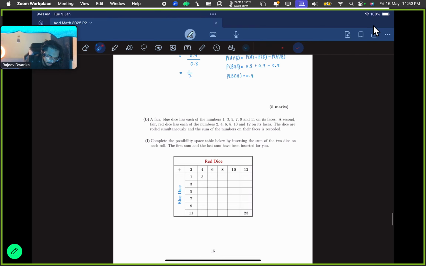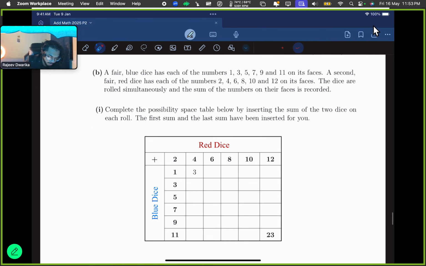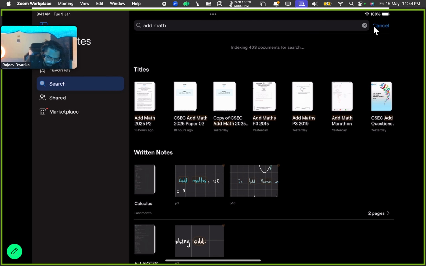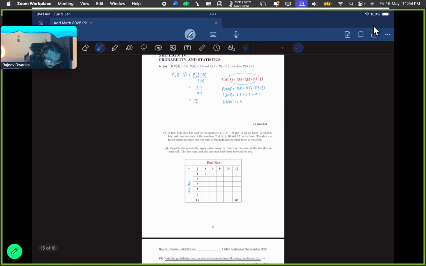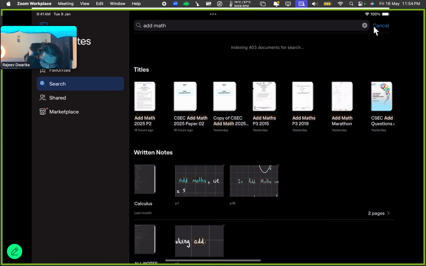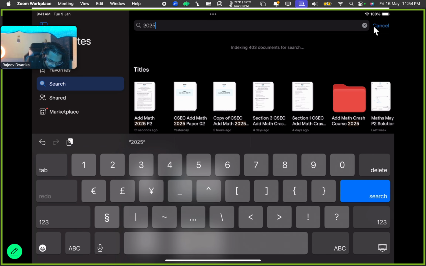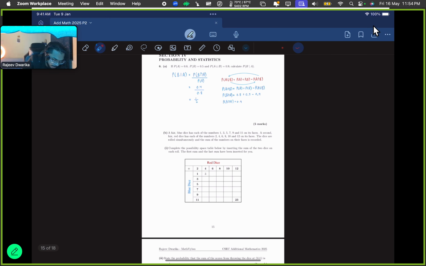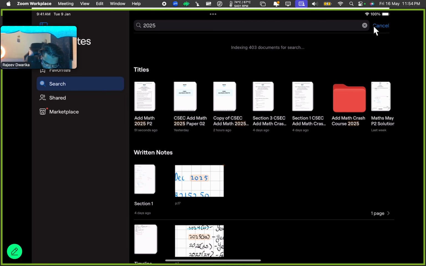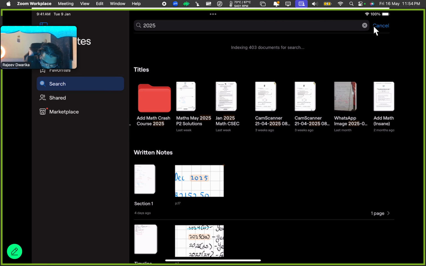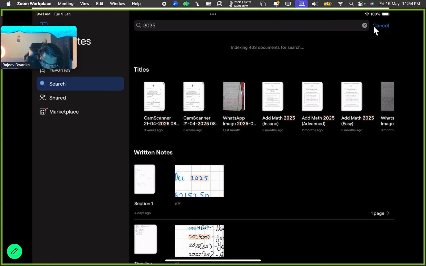I think there's a mistake here with the copy I did. Let me check the original. I don't think I have the original here. Check it for me. Yeah, I'm checking that, sir.